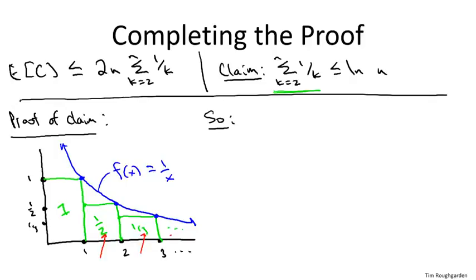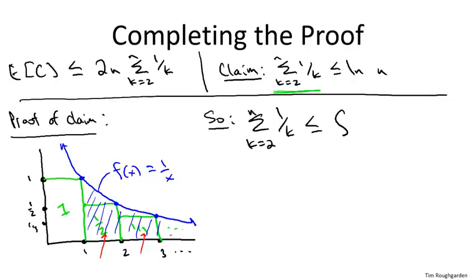This sum can be thought of as the areas of these rectangles, the 1/2, the 1/3, and so on. And we're going to upper bound it by the area under the blue curve. You notice the area under the blue curve is at least as big as the sum of the areas of the rectangles because the curve hits each of these rectangles in its northeast corner.